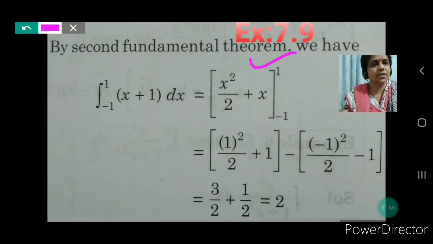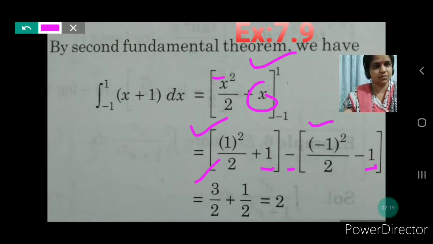The upper limit is 1, so write 1 in place of x: 1 square by 2 plus 1. Then put a minus sign and write minus 1 in place of x: minus 1 square by 2 and minus 1. Then calculate, you will get 3 by 2 plus 1 by 2, so the answer is 2.